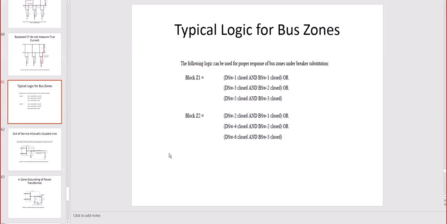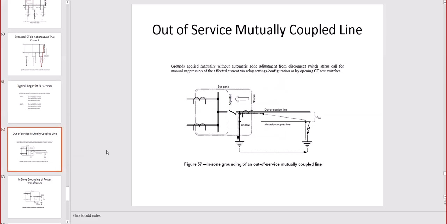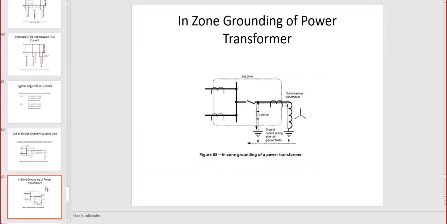Typical logic with bus zones. This is logic that you set in the controller for blocking or permissive of the trip. Coupled buses out of service, and the voltage induced in a bus that is out of service may happen, and you need to watch for that too.